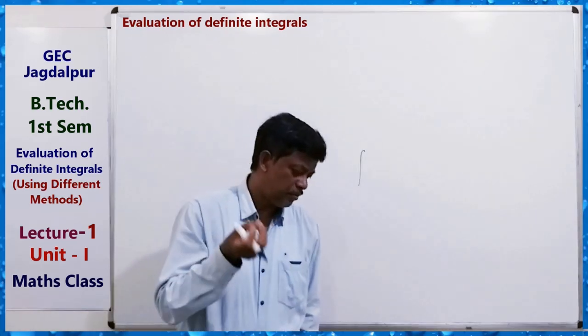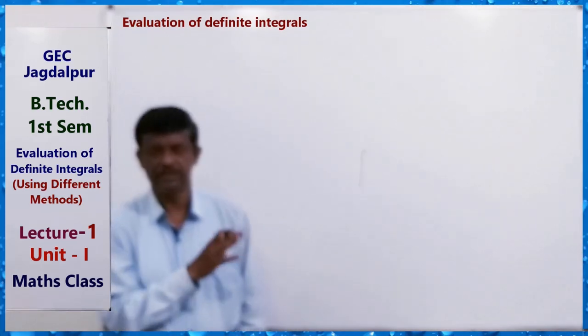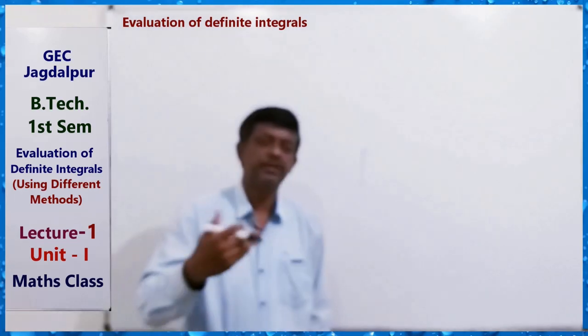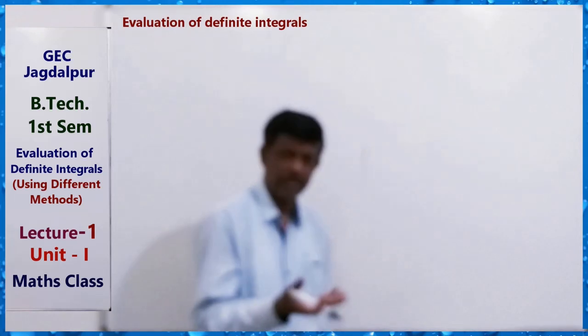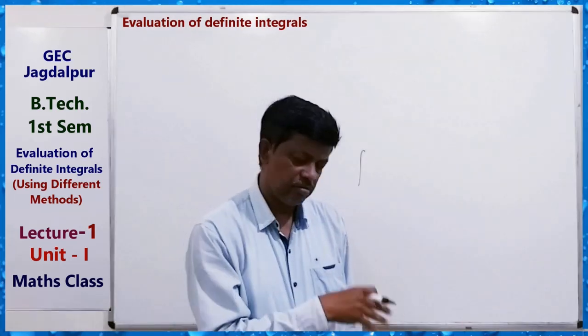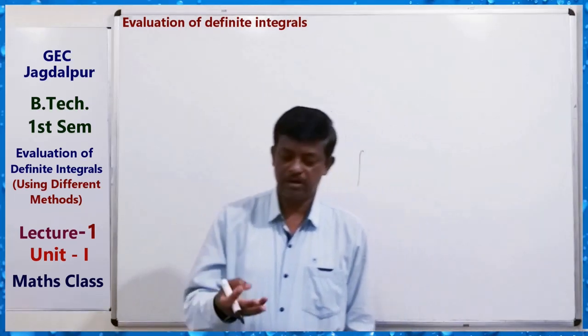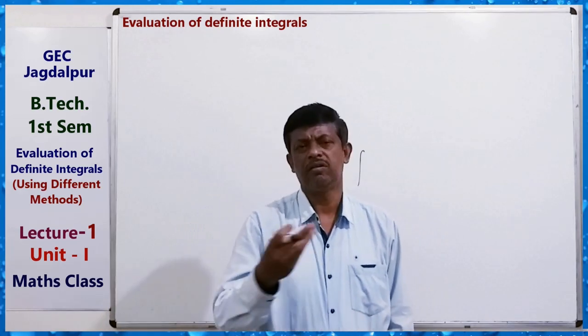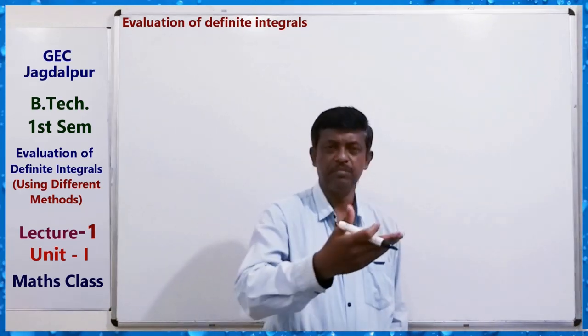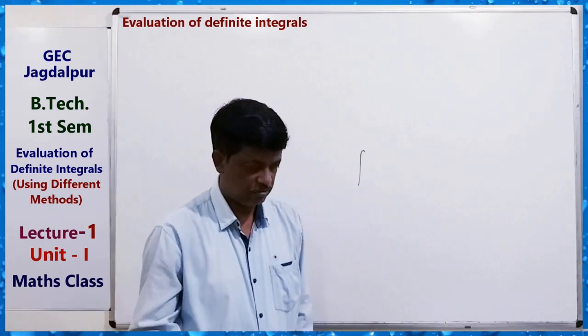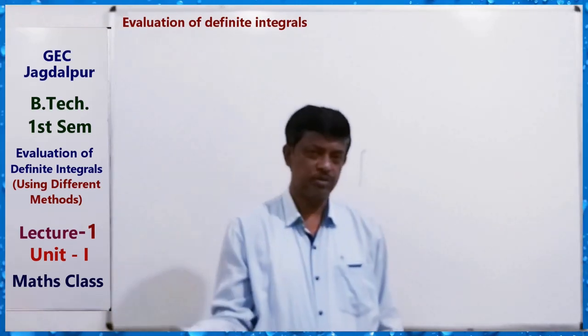You have already studied it, but here we will discuss a different, typical kind of integration, which we will require in engineering problems and in higher classes also. Laplace transform and Fourier transform are all related to integration. There are limits with the proper integral, and also the improper integral.